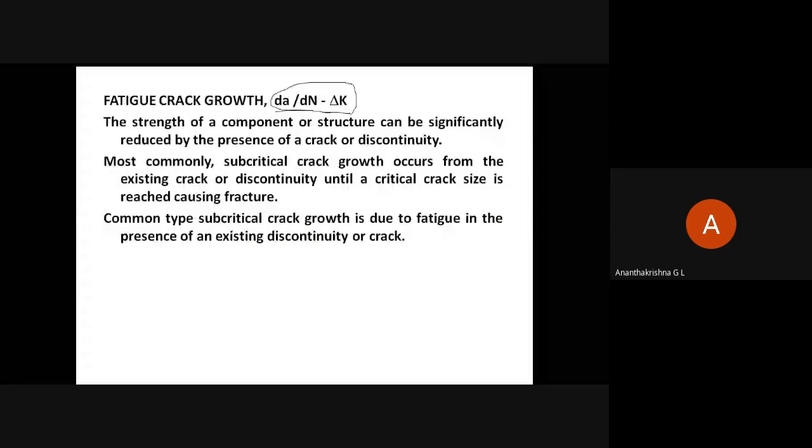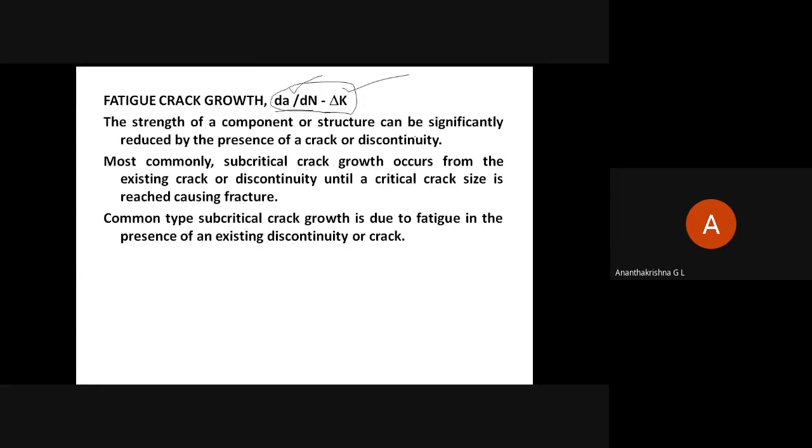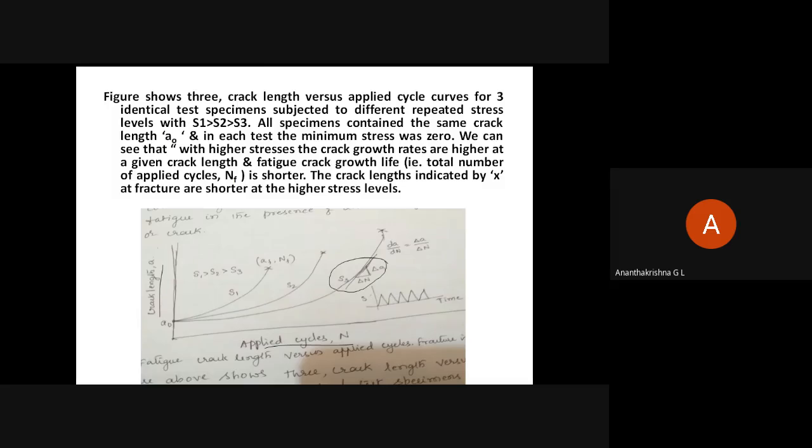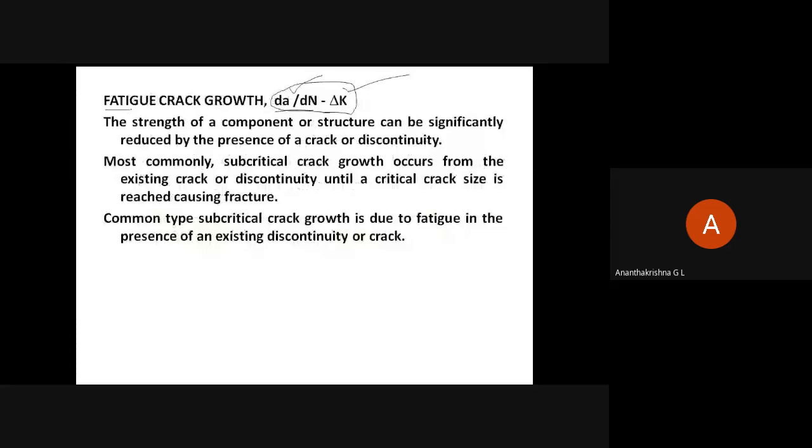So delta A by delta N is the slope. Delta K is the stress intensity factor range. Correct? Okay. So for learning this fatigue crack growth, delta A by delta N to delta K, we have taken this sketch, which is essentially a graph between crack length versus applied cycles.